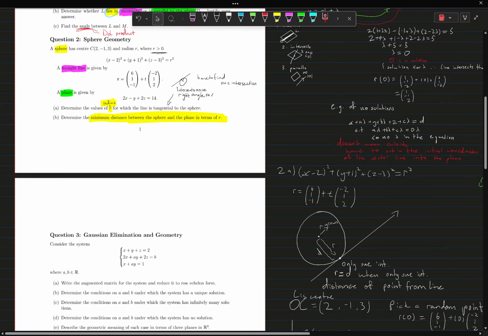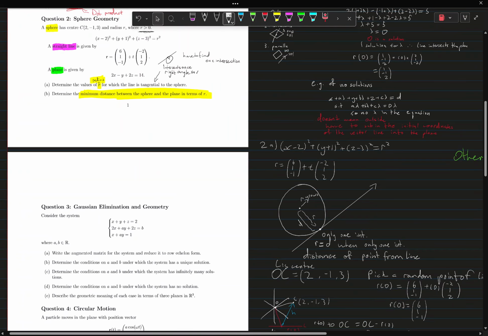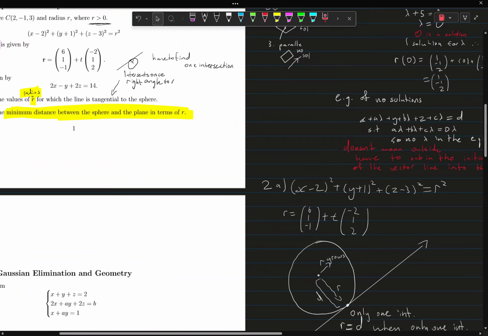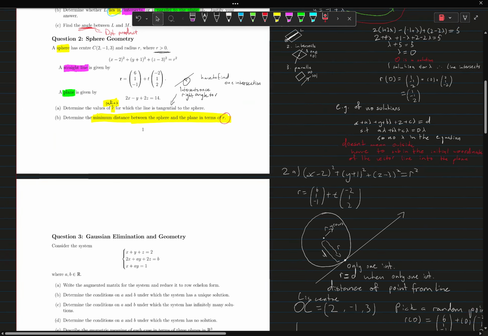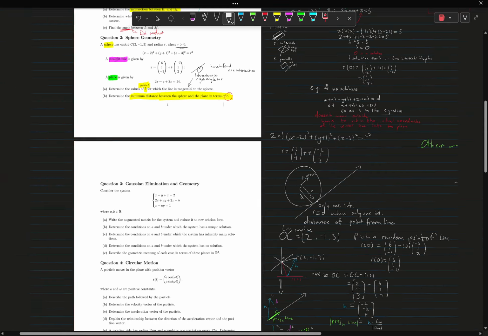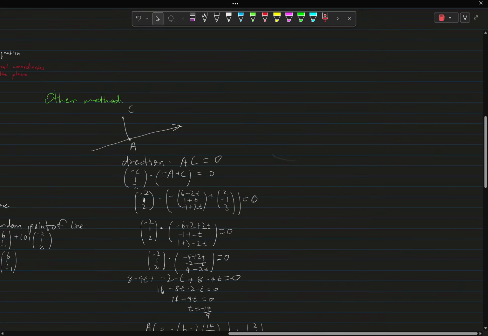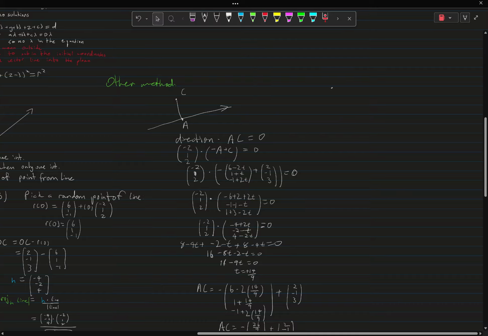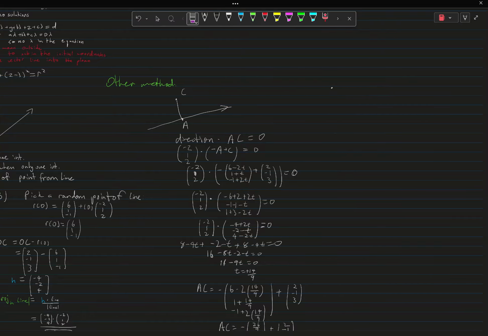So the question wants the answer in terms of r though. So let's start doing the algebra and see how it goes. So we are once again finding point and then plane, and then distance between the two.